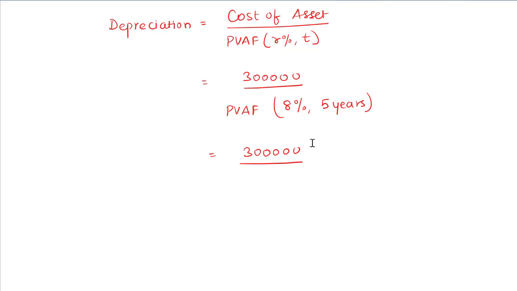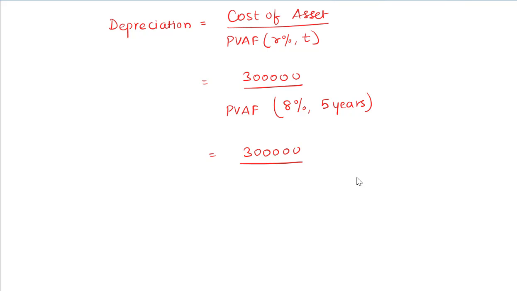So do it on your calculators. How will you do it? It is 8%, so 100 plus 8 is 108. Type 100 divided by 108 equal to.